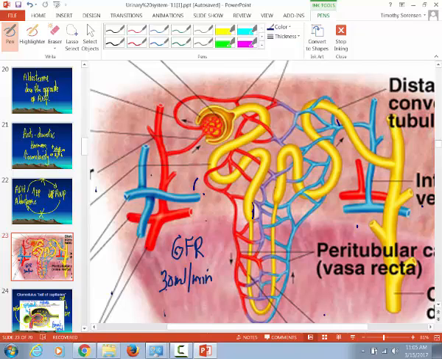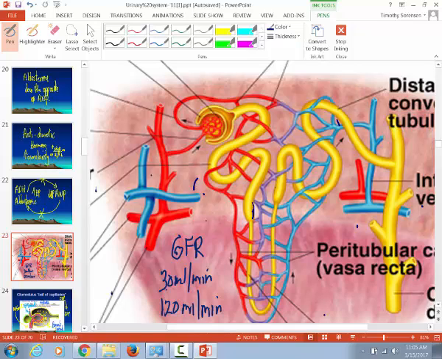That's just to adequately filter your blood. Now, normal glomerular filtration rate is about 120 milliliters per minute. So with a drop in blood pressure, that could affect glomerular filtration rate, right?